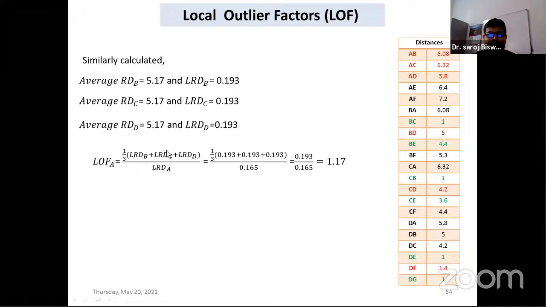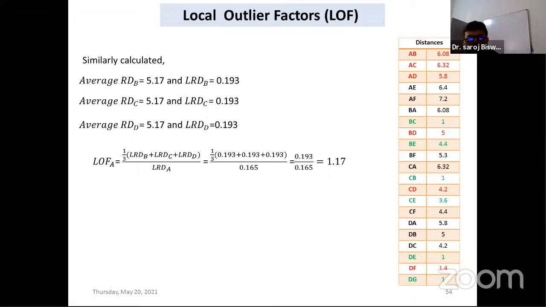Again, we could have written the mathematical equation here, but directly I have written the terms so that you can understand very easily. 1 by 3, then the local reachability score of B, local reachability score of C and D, divided by local reachability score or local reachability distance of A. So all the values are now known. So now if we compute this one, finally we'll get the value that is 1.17. That is the LOF score of A.